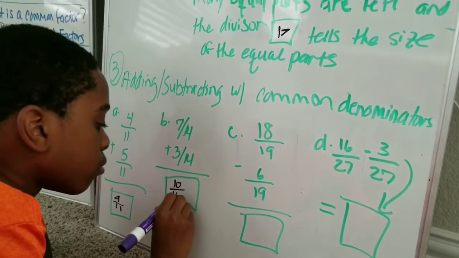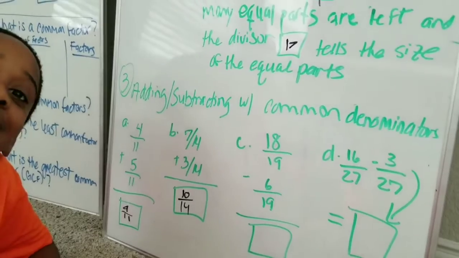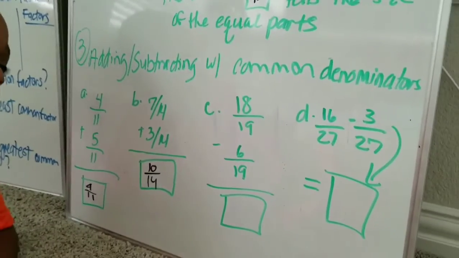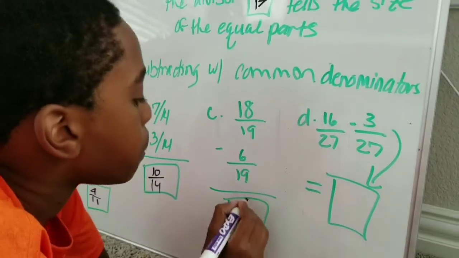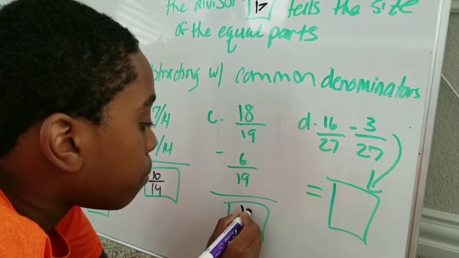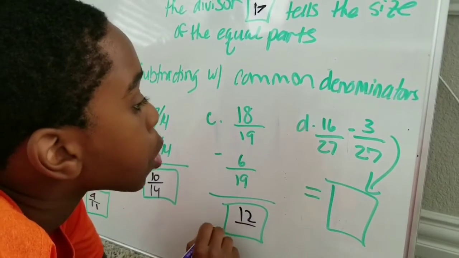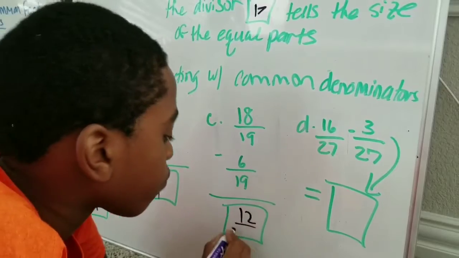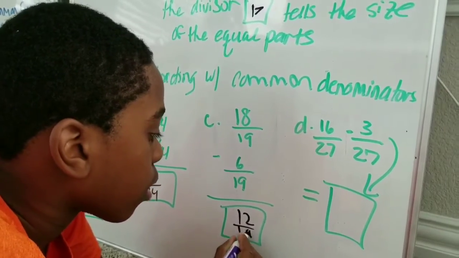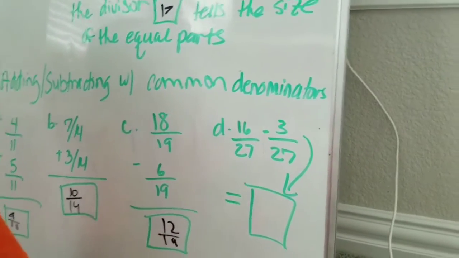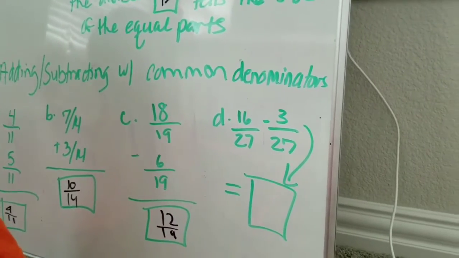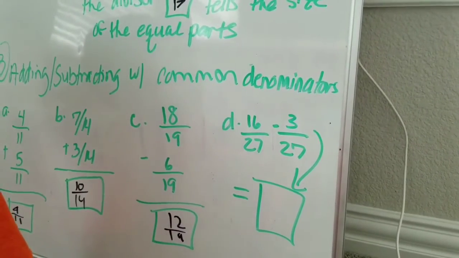See, I wrote the fraction a little different to see if it was going to confuse you, but it didn't. Keep going. And with this one, I wrote the fraction different again to confuse you. So let's keep going. Okay, yeah, it's 2.